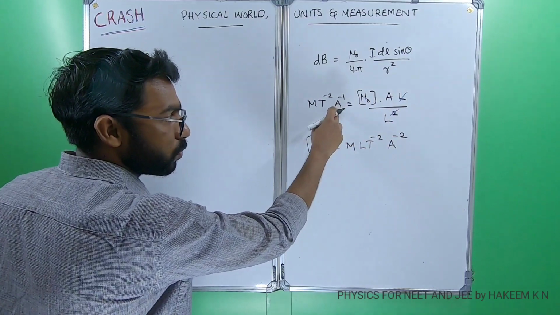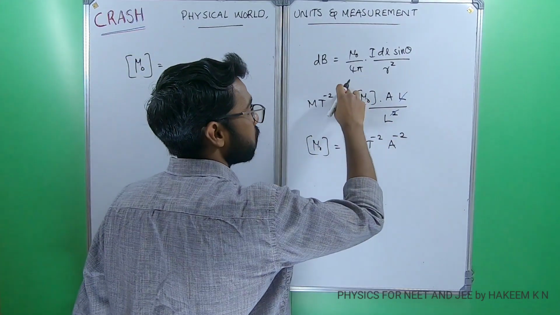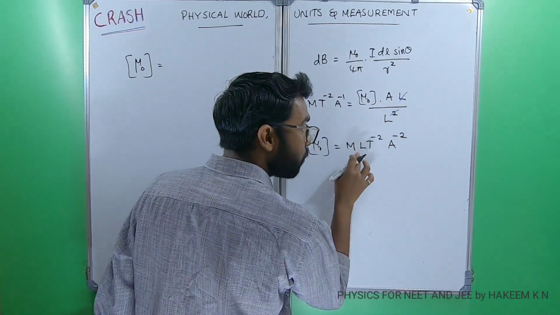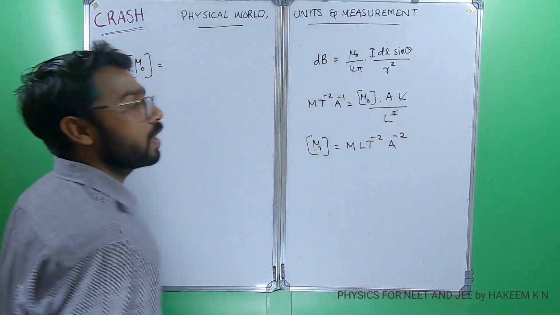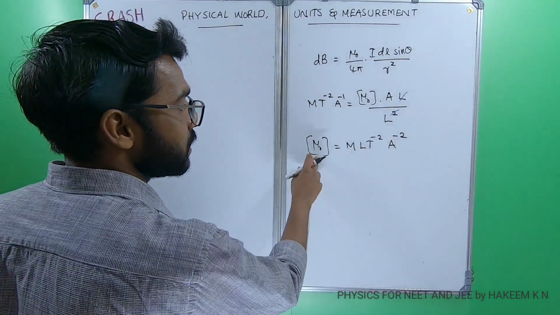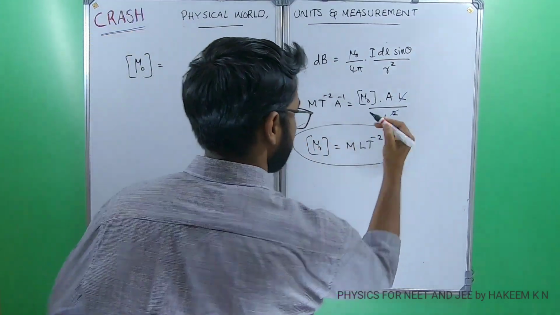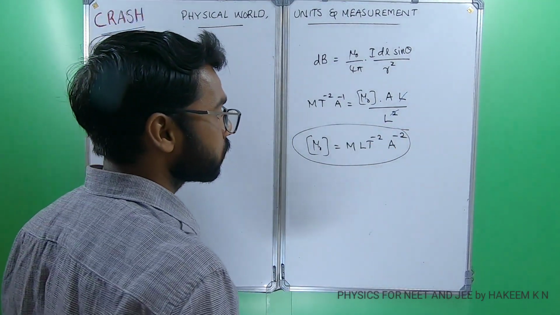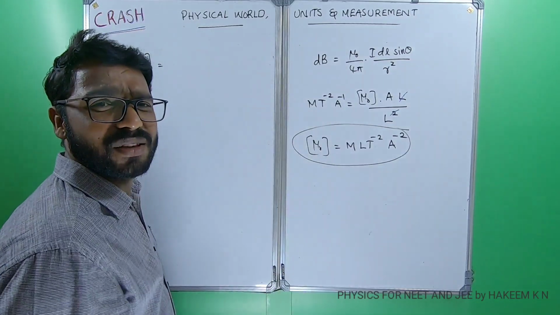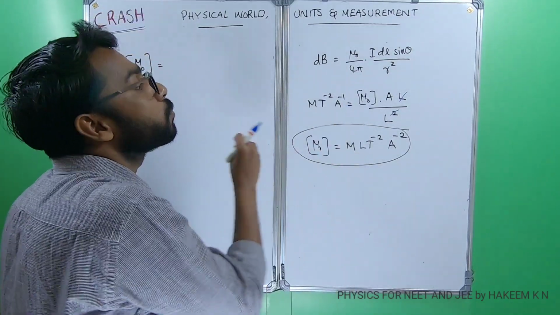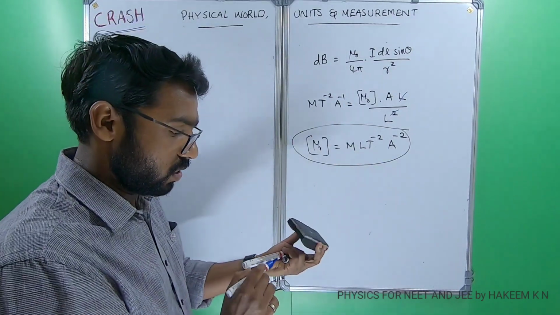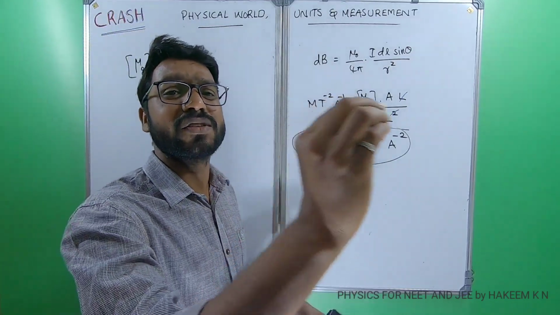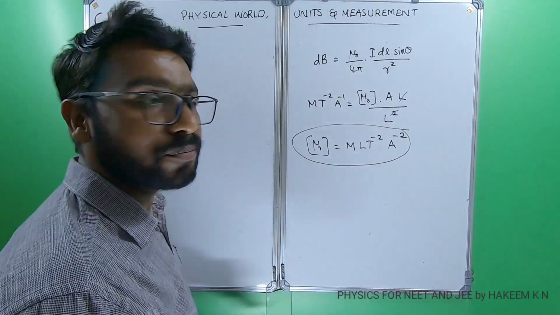This A will go to the denominator and will go to the numerator with power minus. So M L t raised to minus 2, A power minus 2. That is the dimensional formula of mu 0. Like that, you can easily find the dimensional formula of any physical quantity using their simplest equations.